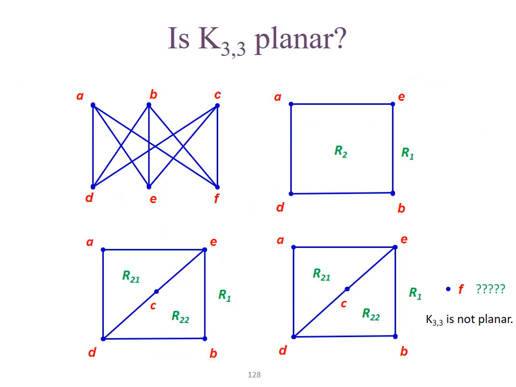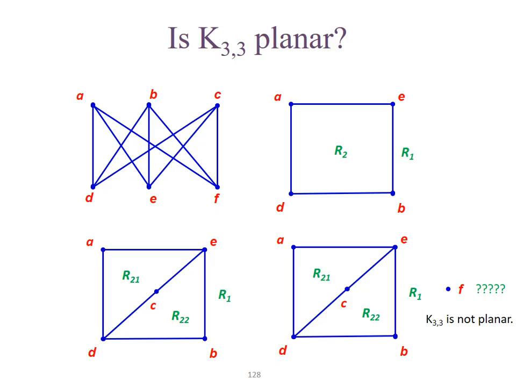Next, let's try to determine whether K3,3 is a planar graph or not. K3,3 has a first group and a second group, with each vertex connecting the first group and the second group.